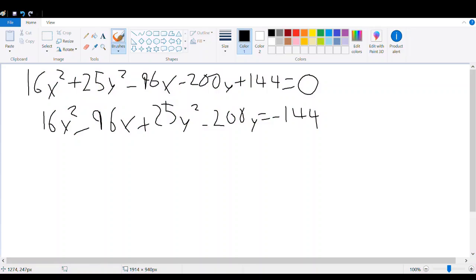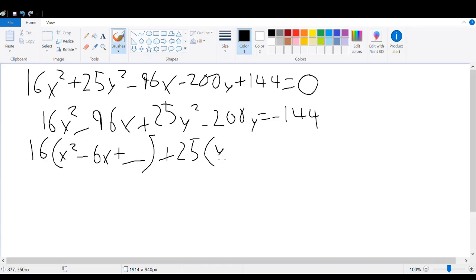If we factor out a 16, we get x squared minus 6x, and I'm just going to add a plus blank. If you saw the last example, you already know what that is, because it's the same blank as earlier. But if you just skip to this, you don't. Then plus 25. 200 is also divisible by 25.